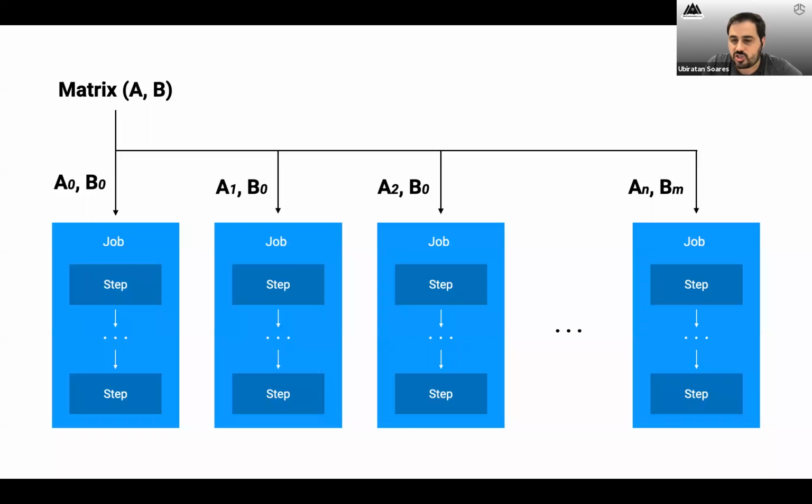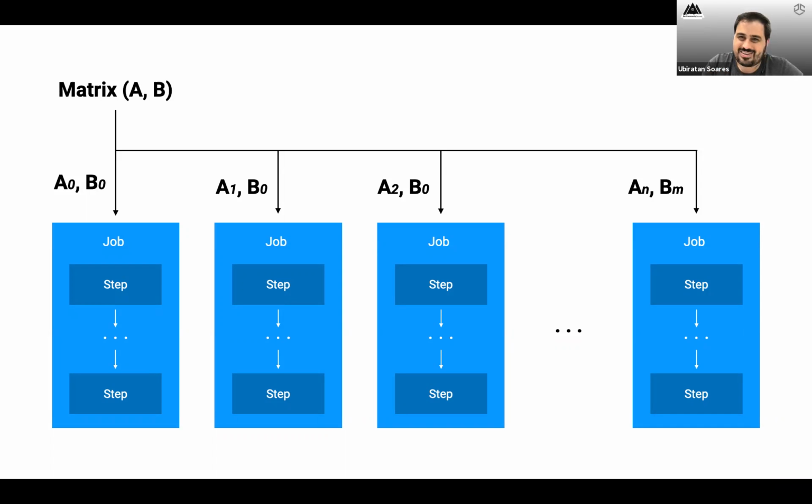We have the dimensions of the matrix, and for each cell of that matrix, a job will be spawned. Therefore, that job will execute in a dedicated machine, and we can execute the same job several times with different configurations, right? This is build matrix. I do think this is an awesome feature.